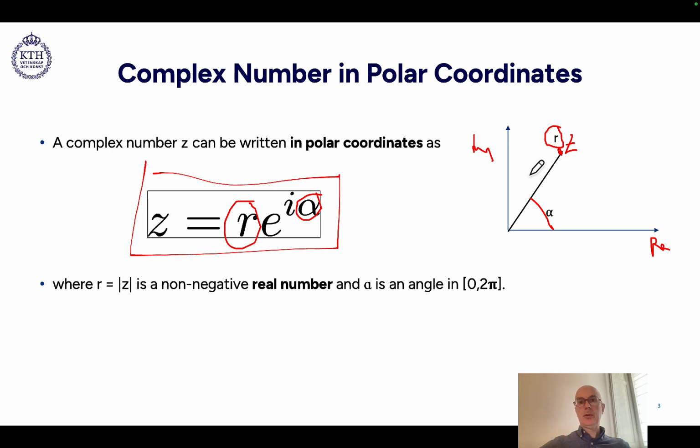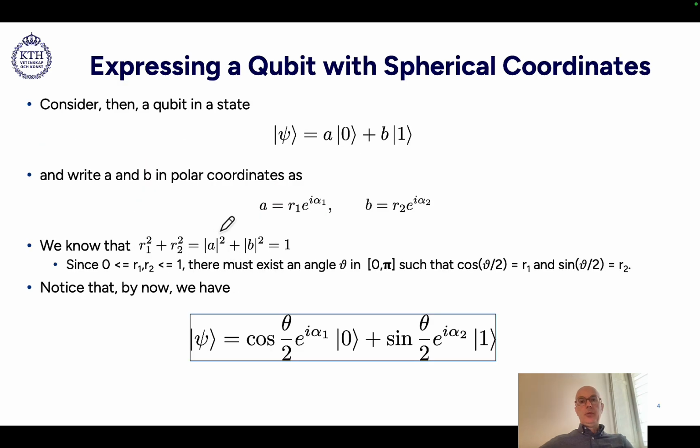So whenever we move to polar coordinates, we switch the reference system by using an angle and a magnitude of the vector.